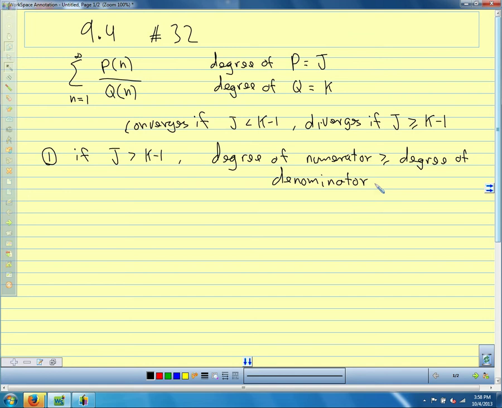So what I suggested in class is that you use some numbers. So let's let k equal 5. So this tells us that j is greater than 4. So we would have something like this.